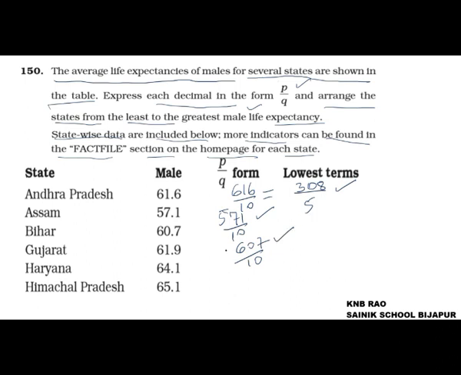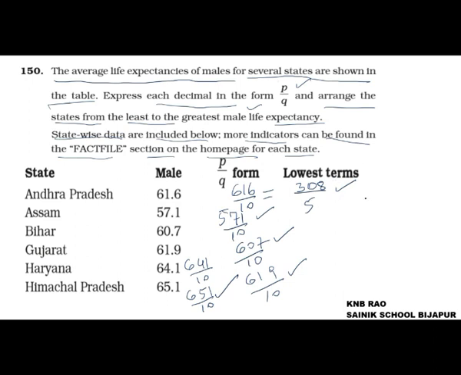It's already in simplest form. 619 by 10 for Gujarat. It's already in simplest form. Next, 641 upon 10 for Haryana, which is already in simplest form. 651 upon 10 for Himachal Pradesh, which is already in simplest form or lowest form. They need not be further converted.